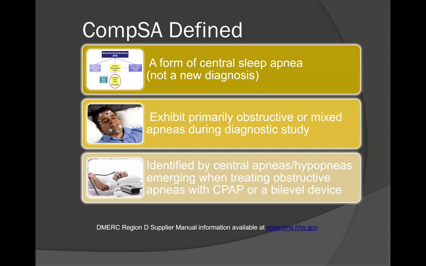So these patients do not exhibit immediate central apnea. They could exhibit obstructive first during the diagnostic portion or mixed. And then it's also identified by central apneas or hypopneas emerging when we are treating them with PAP therapy. So it's one of those late effects.